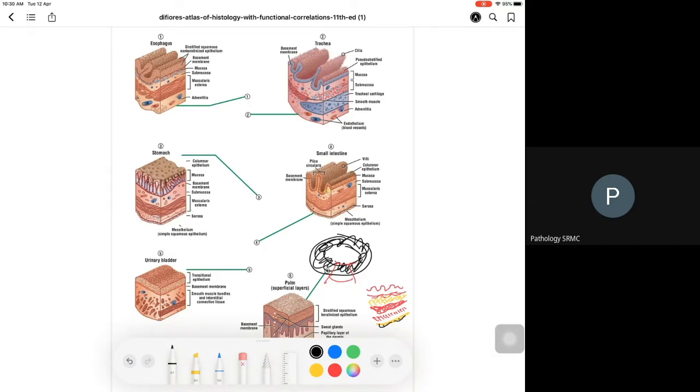This is mucosa. This is submucosa. This is muscularis propria. So there are 2 layers. Here the small muscle layer beneath the mucosa is known as muscularis mucosa and muscularis propria, and then this portion is the serosa.